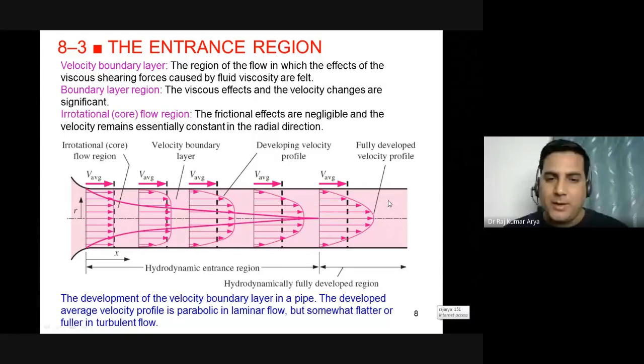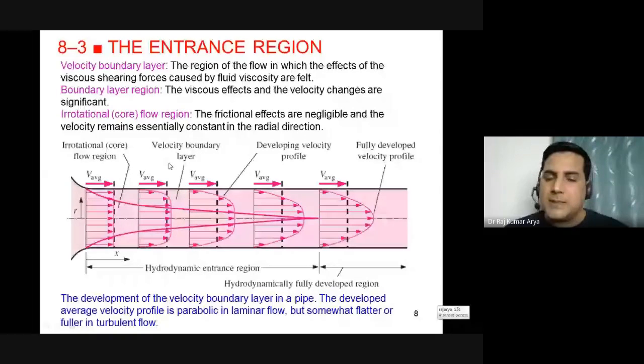Now this range from the inlet till the point the fluid reaches the fully developed velocity profile is treated as the transient length, or the hydrodynamic entrance region. In this particular range, no calculation is valid actually.